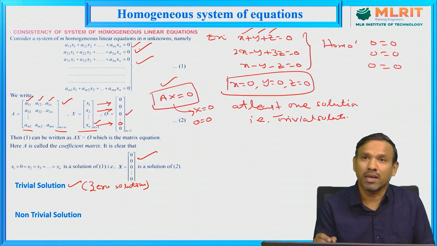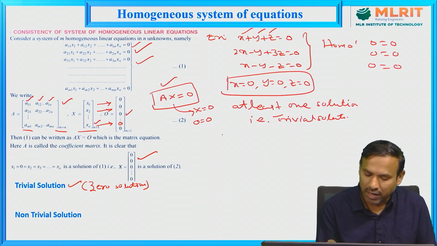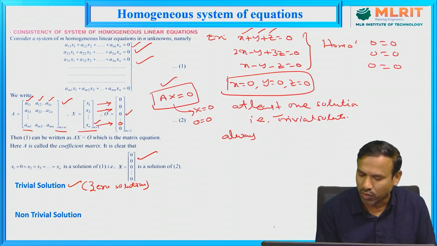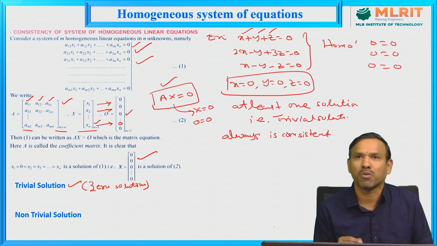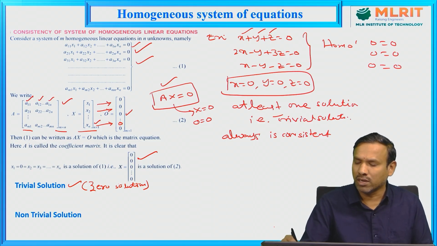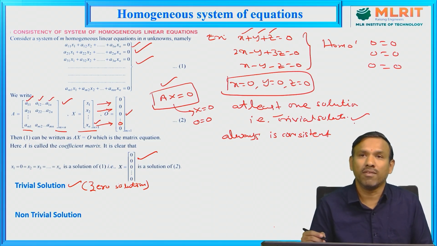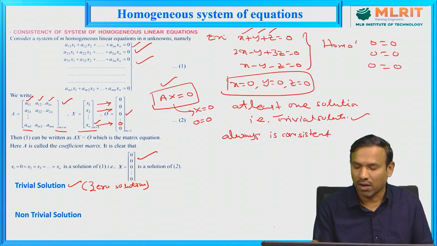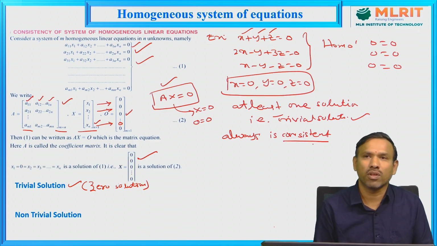So the homogeneous system of equations is always consistent. Ax is equal to 0 is always consistent. What do you mean by consistent? It has at least one solution. Yes, we have one solution, the trivial solution is there. That's why we can say every homogeneous system is always consistent. There is no question of inconsistent.